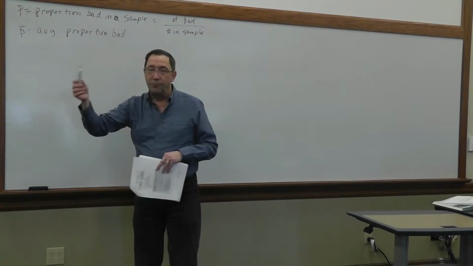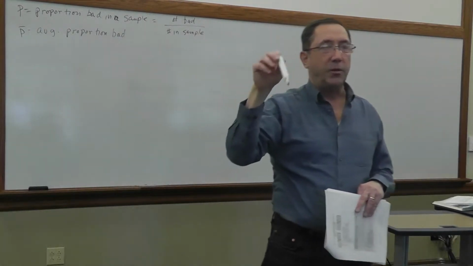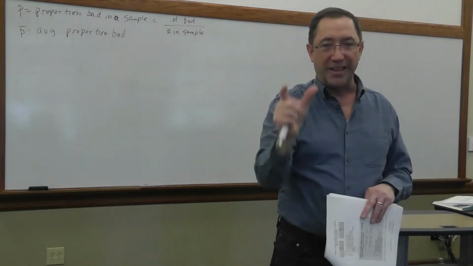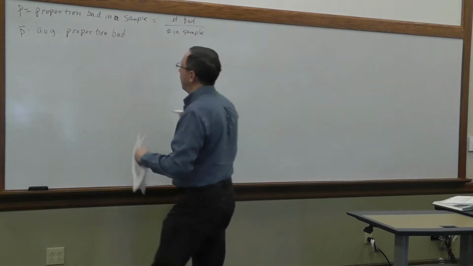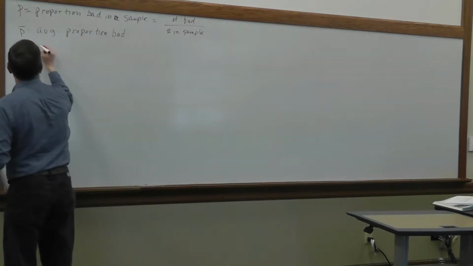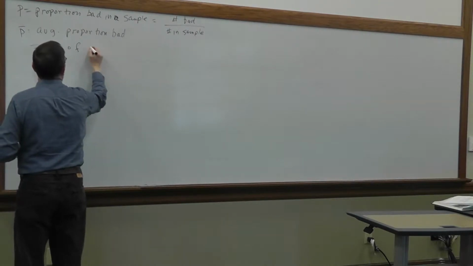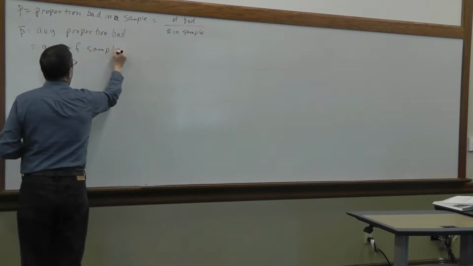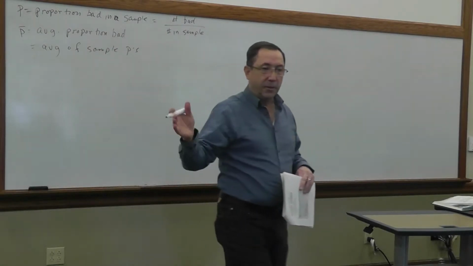And really, statistically, to be correct, we can only use the formulas in our book for consistent sample sizes, where every sample is the same size. So it could also be the average of the sample p's with a consistent sample size.